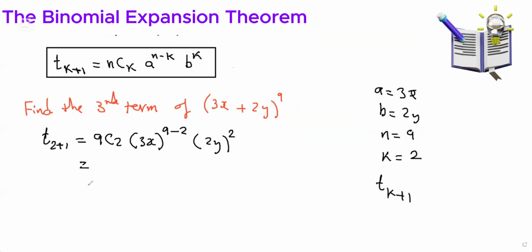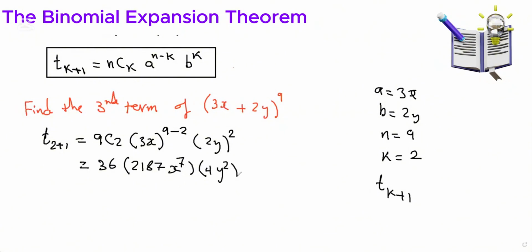Now, 9 choose 2. So this will give me 36 for 9 choose 2. And then 3, that's going to be to the power of 7. So 3 to the power of 7 is 2187. And that's going to be x to the 7. And 2 squared is 4.